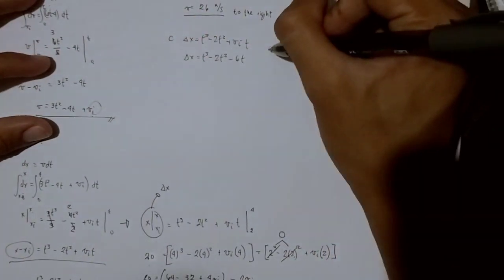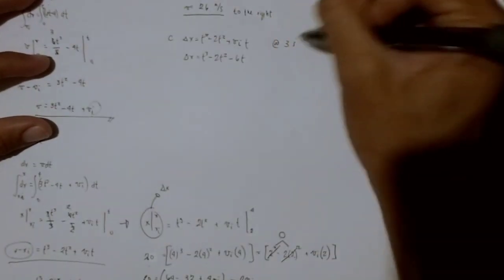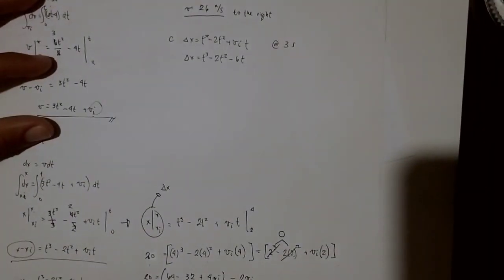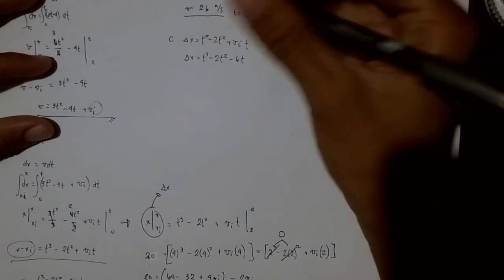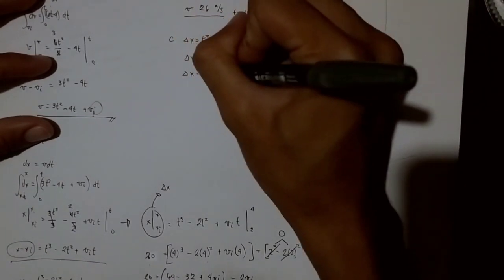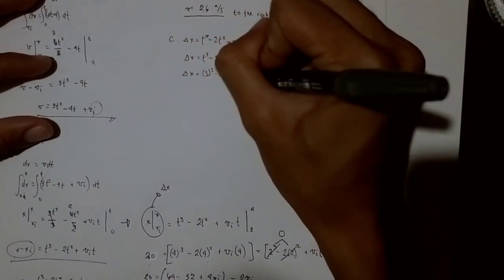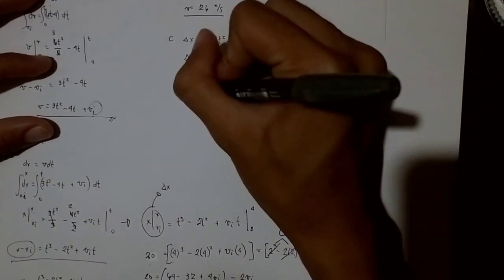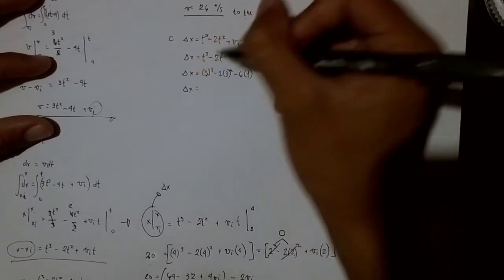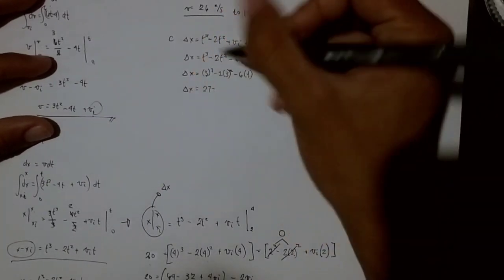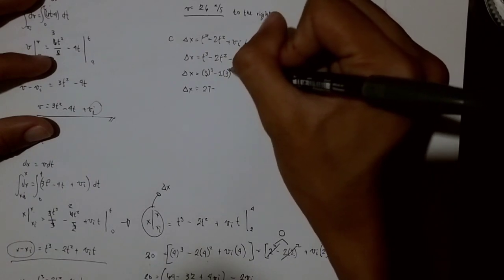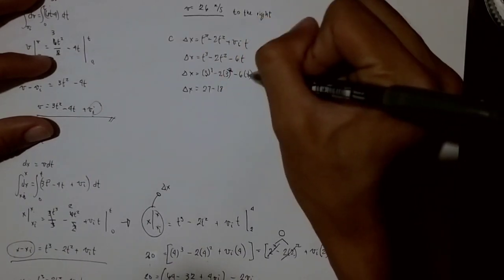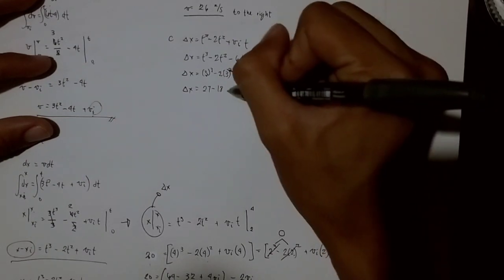And then we substitute the value, which is at 3 seconds. We have change of x is equal to 3 cubed minus 2 times 3 squared minus 6 times 3. 3 to the power of 3 is 27, minus 2 times the square of 3, which is 9, times 2 is 18. 6 times 3 is equal to 18.